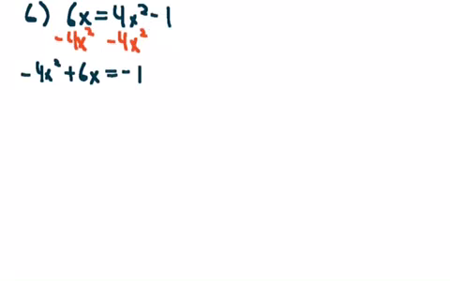So our next step is, now that we have all of our variable terms on one side and our constant term on the other, now we need to divide by something. What do we need to divide by? Yes, we need to divide every single term by negative 4. One thing that I've been seeing some of you do is you skip over the second term.